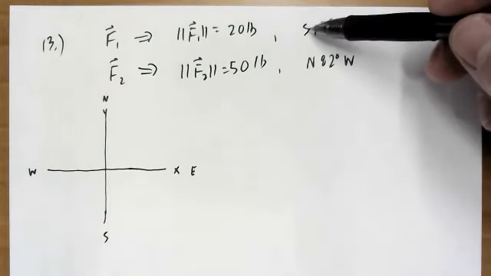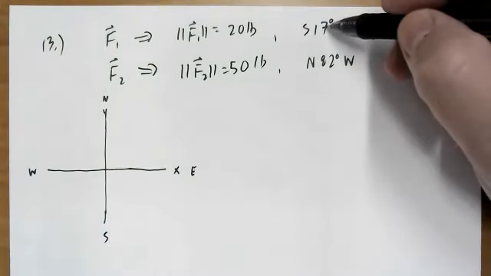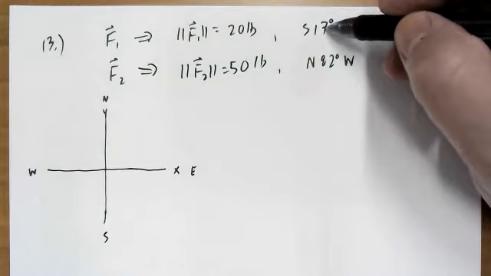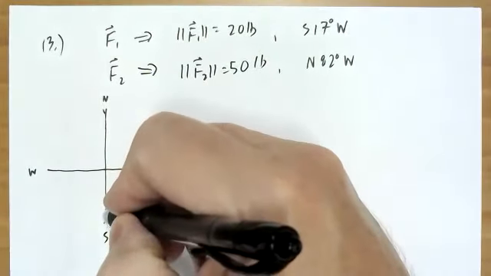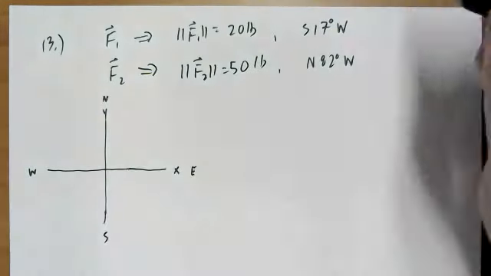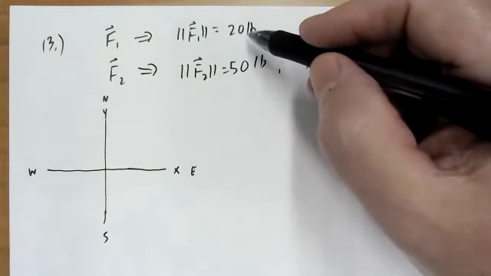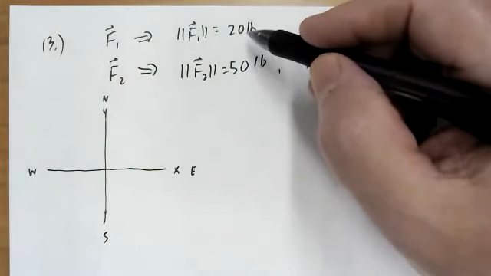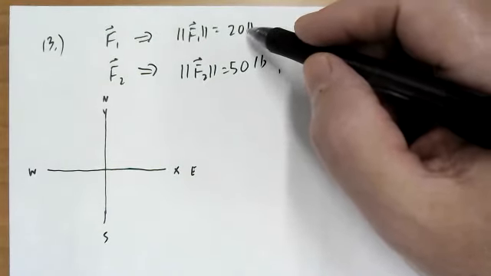So this direction means go in the pure south direction. So we're going straight down, and then go 17 degrees toward the west. Now, when I draw the vector, I'm going to think of the length as being the magnitude of 20.